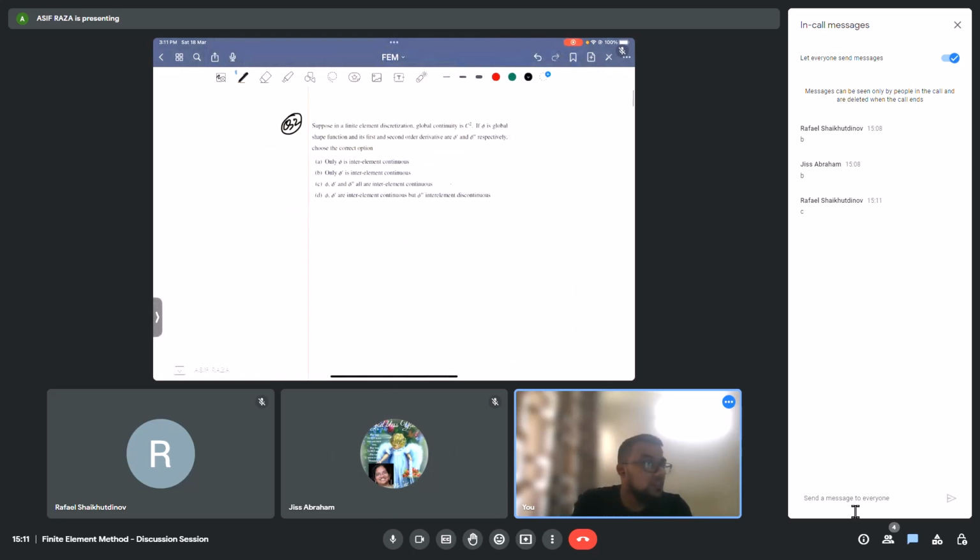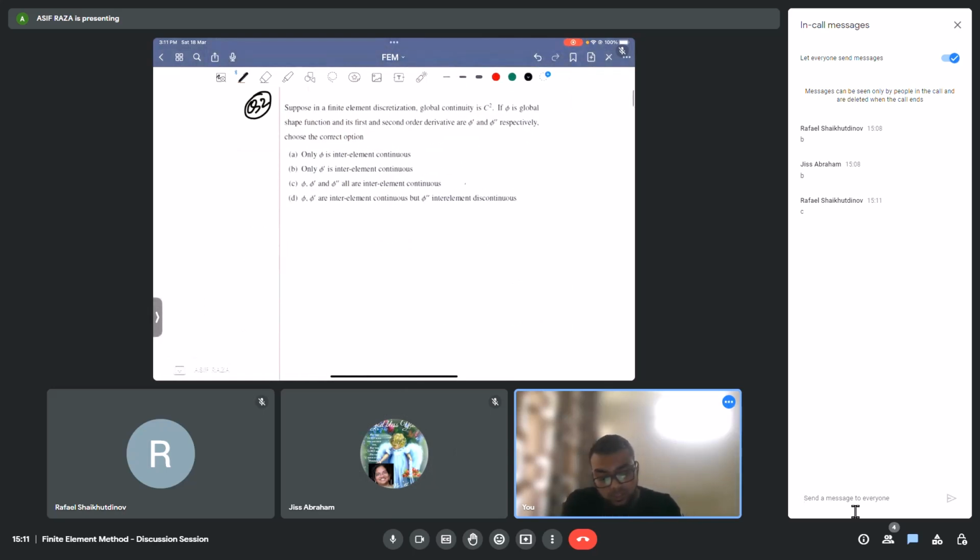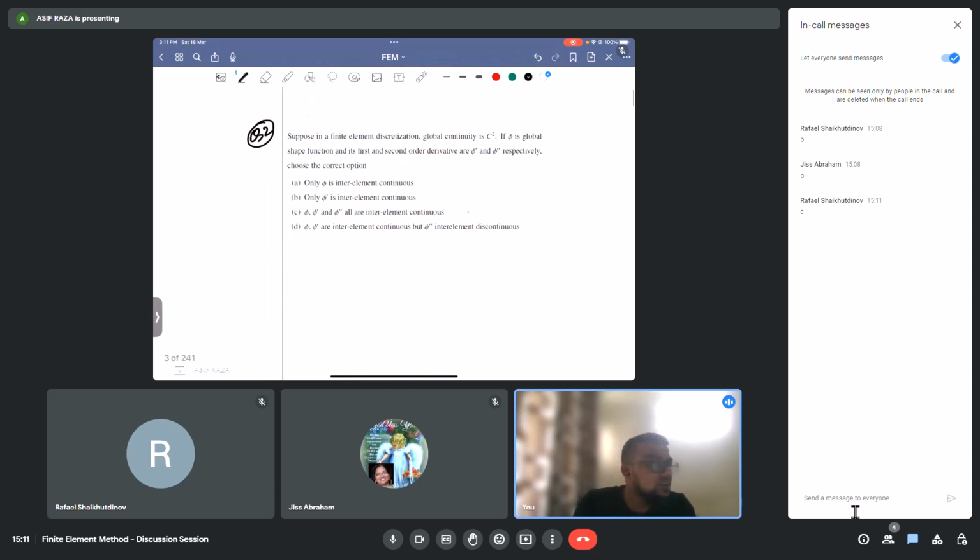Next question, this is the second question. Suppose in a finite element discretization, global continuity is C2, phi is the global shape function, and its first and second derivatives are phi prime and phi double prime respectively. Choose the correct option. First option: only phi is inter-element continuous.